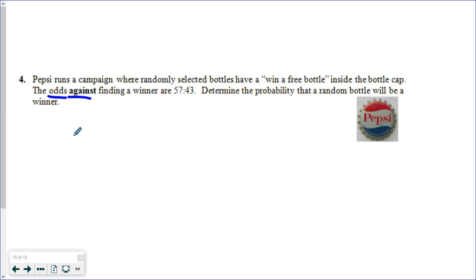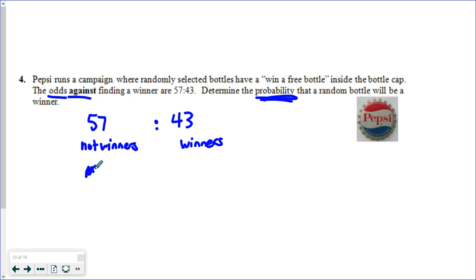So that's saying 57 not winners to 43 winners. Because again, the odds against finding a winner. So these are not winners. These are winners. Determine the probability that now it's changing this to a probability question.